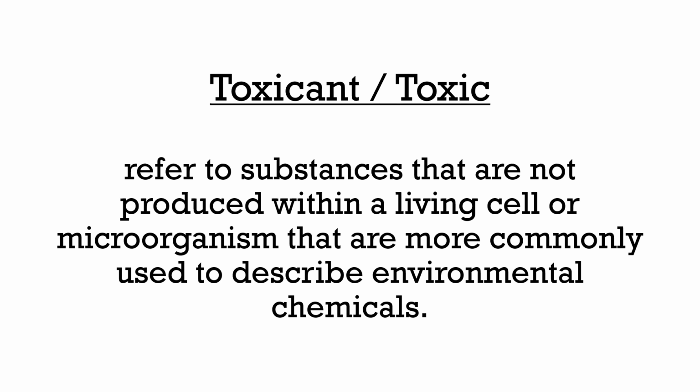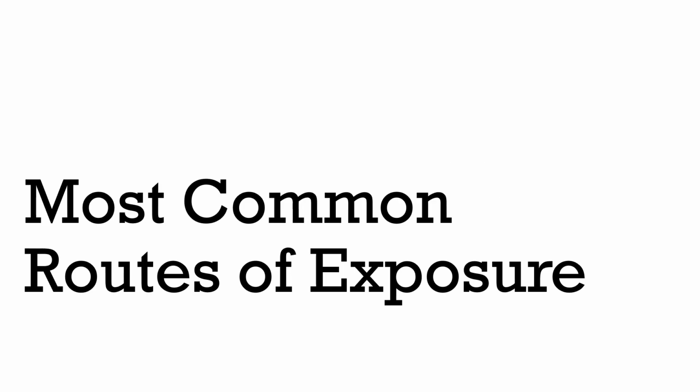Toxicant or toxic refers to substances that are not produced within a living cell or microorganism and are more commonly used to describe environmental chemicals. So these do not come from bacteria or fungi, but they come from chemicals in the environment. Most common routes of exposure, we have ingestion, which is most often observed in the clinical setting.